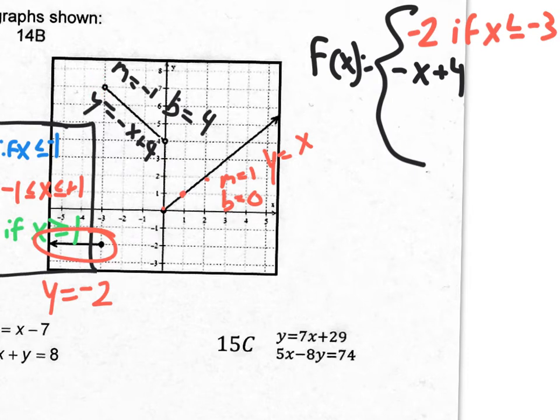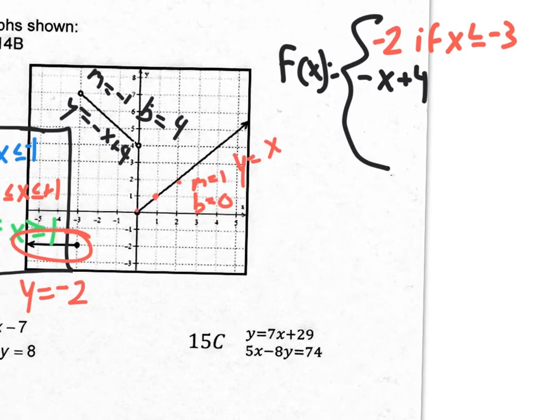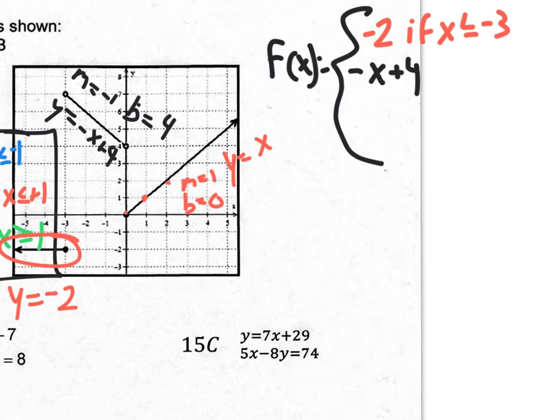And notice that these are open dots, so you're not going to put a solid line underneath your inequality. So what would the restriction be? Anybody? From where to where? -3 to 0. And you're going to put an x in the middle. And your inequality symbols will be the less than.